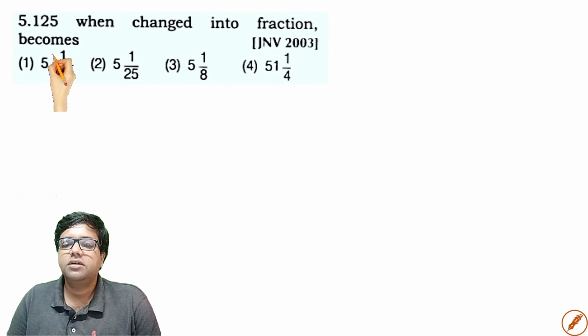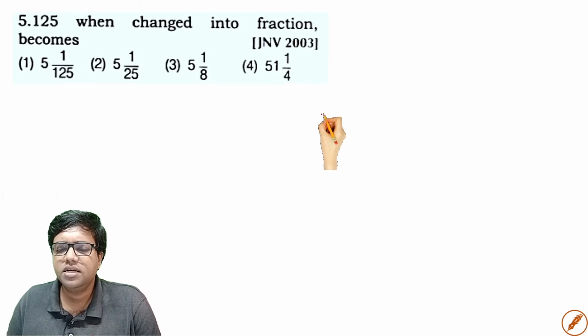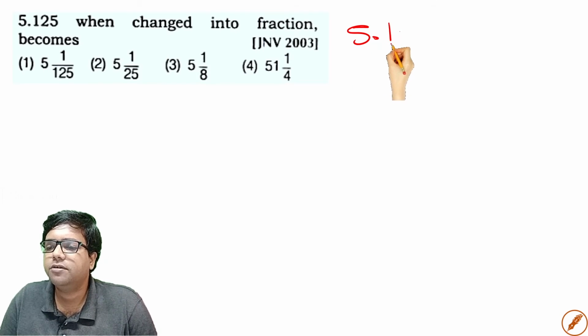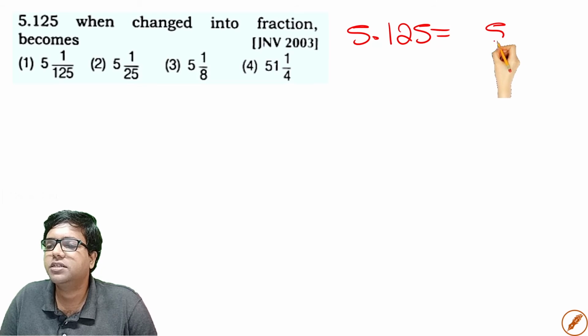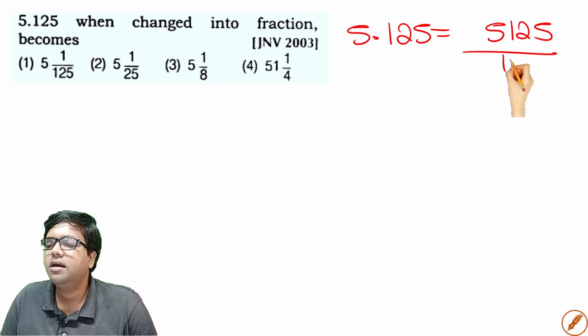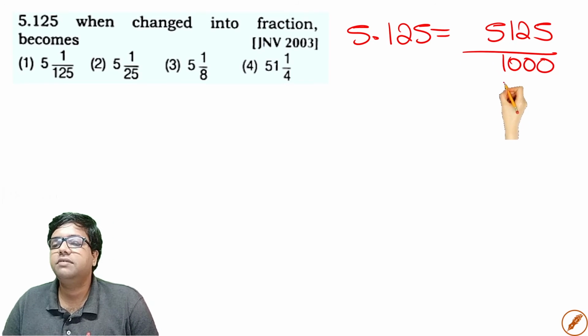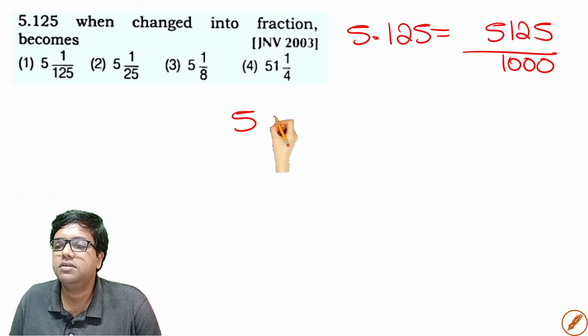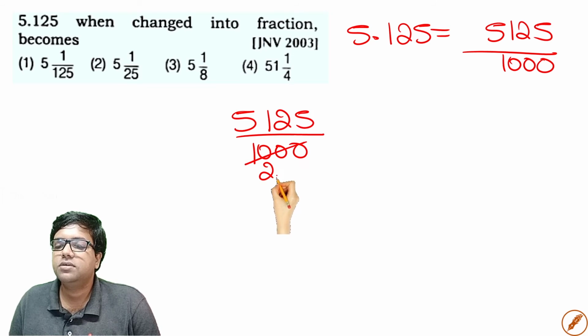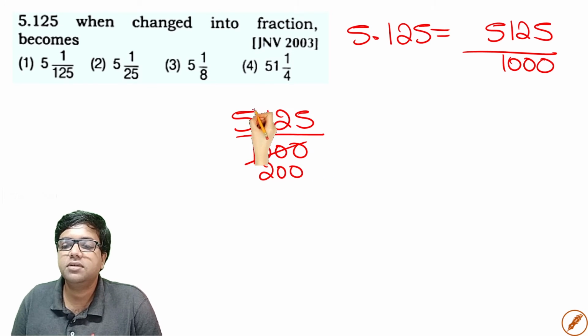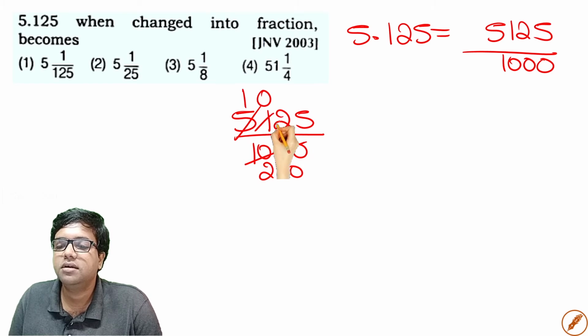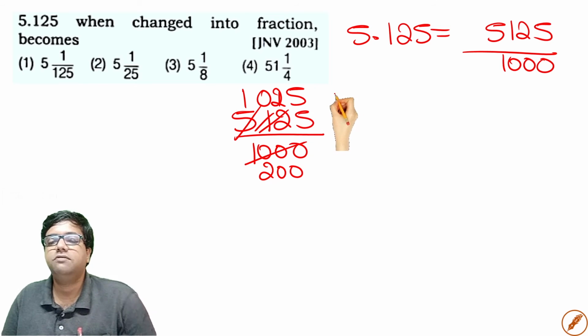5.125 when changed into fraction becomes, okay, let's change it into fraction. If we have to do it in fraction, we will write 5.125 by 1000, right? Both of them are divisible by 5. 5 2s are 10, 5 200s is 1000, 5 1s are 5, 5 5s is 25.